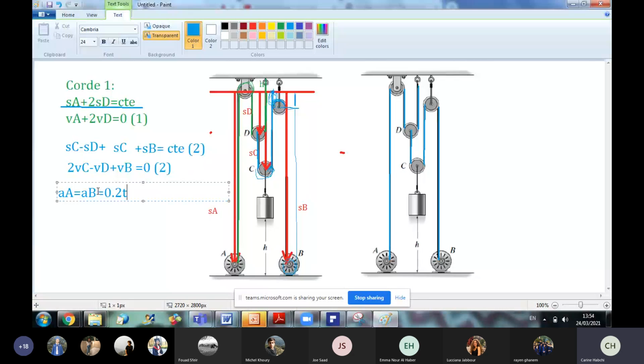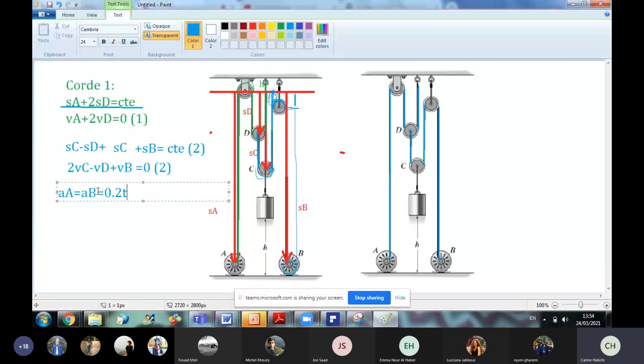And by replacing V average by its value, V average for A is delta SA over delta T, and VD average you can replace by delta SD over delta T.